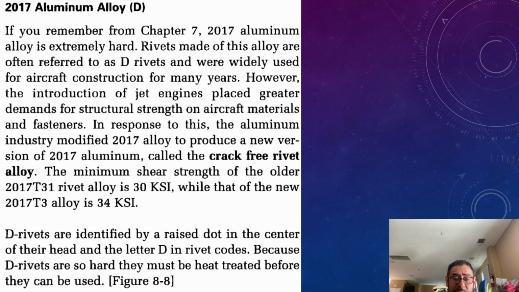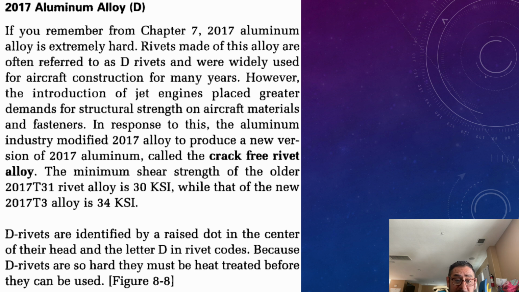If you remember chapter 7, the first part of the lecture, 2017 aluminum alloy is extremely hard. Rivets made from this alloy are often referred to as D rivets and were widely used for aircraft construction for many years. However, the introduction of jet engines placed greater demands for structural strength on aircraft because of the thrust they produced, and on materials and fasteners.